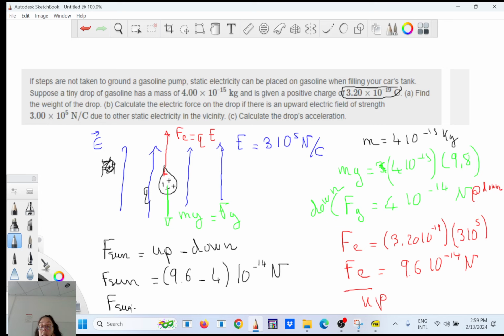So the resultant, as it was called in physics 1, will be 5.6 times 10 to the negative 14 Newton, yes? Okay, so that's from physics 1.